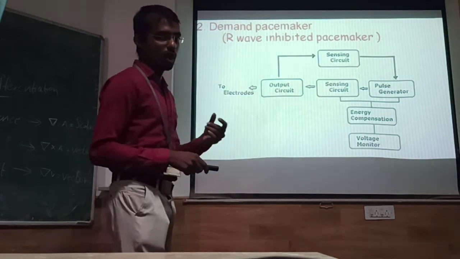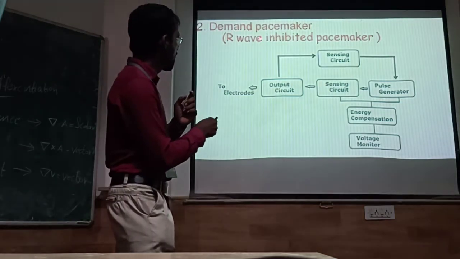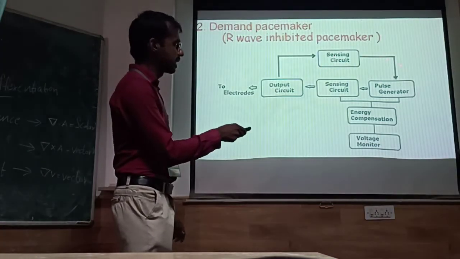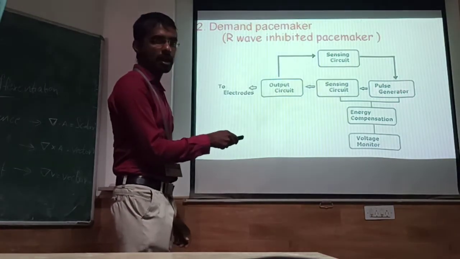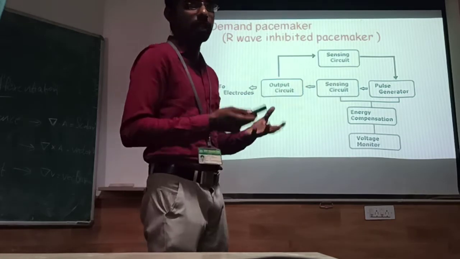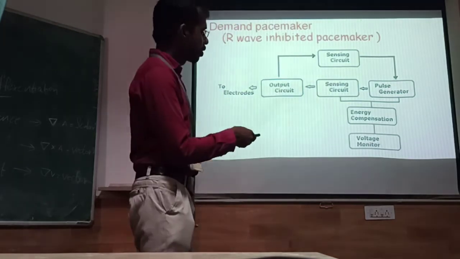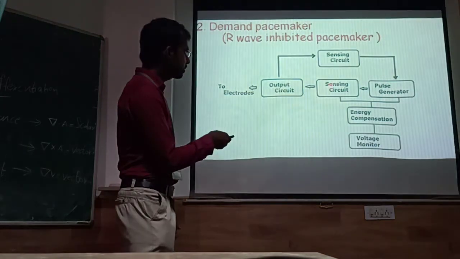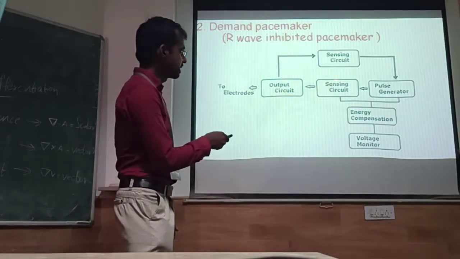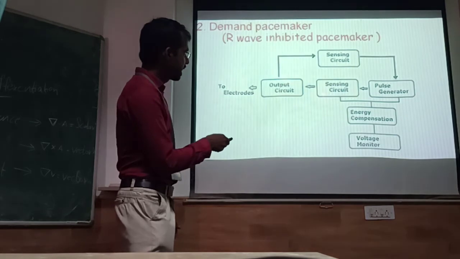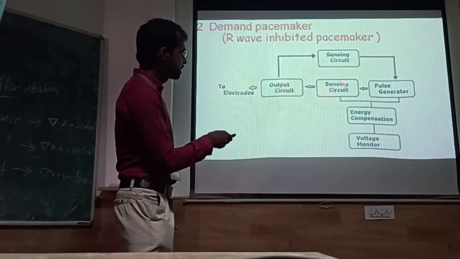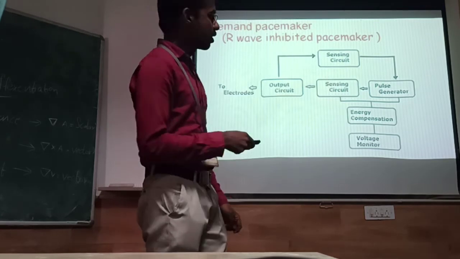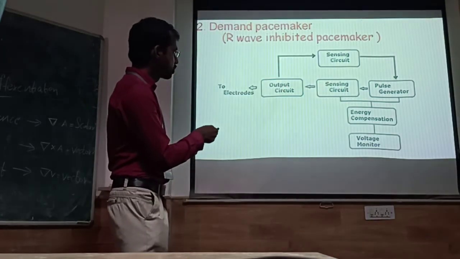When the R wave is missing, the sensing circuit gives a signal to the pulse generator, and the pulse generator circuit is activated or powered on. The sensing circuit will have the monostable multivibrator, and from there it goes to the output circuit.